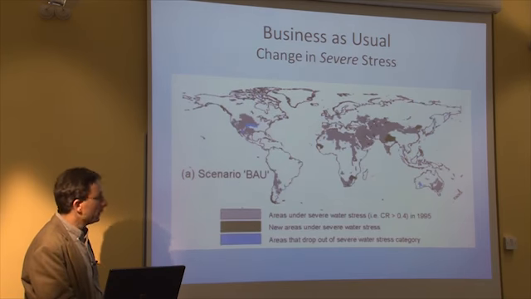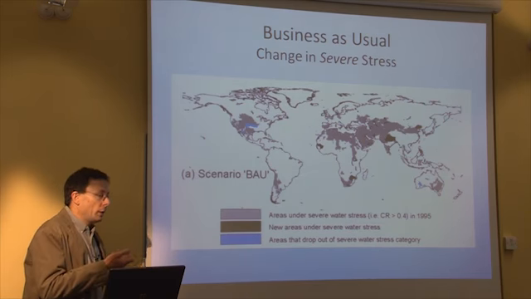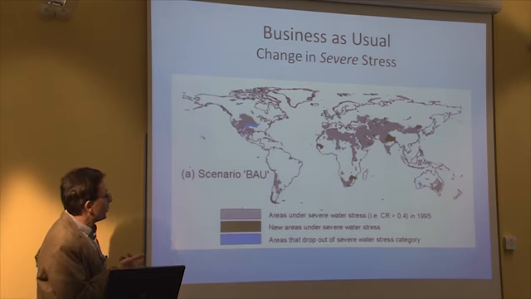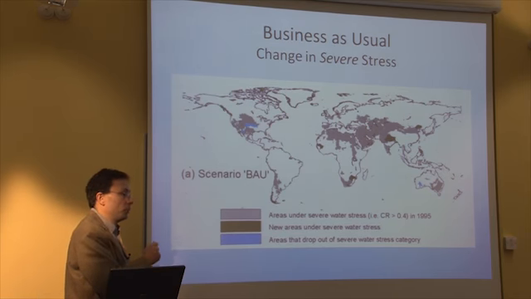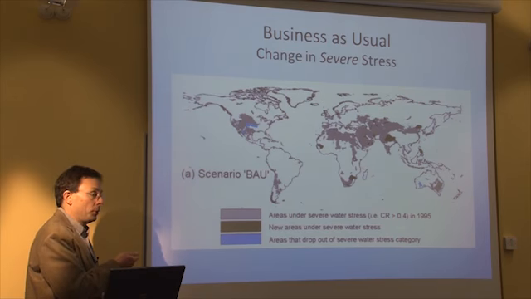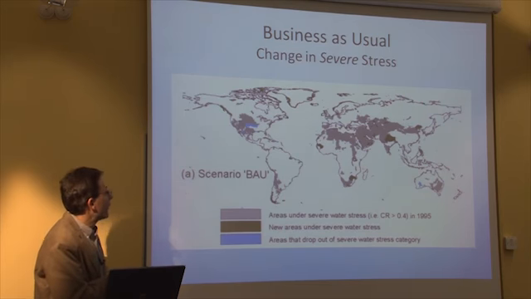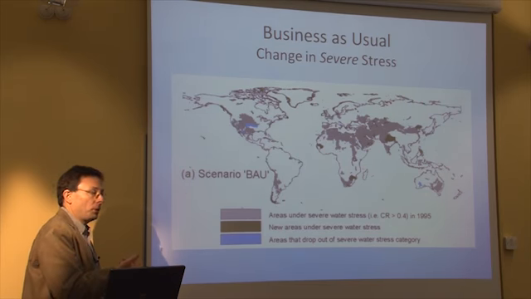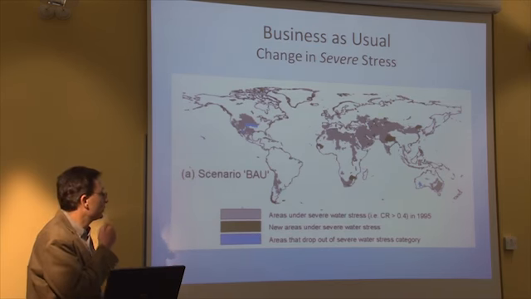And this is essentially the same data, but now showing where we get a change in the stress situation from moderate to severe stress. Everywhere that's grey are areas that were under severe stress today, and everywhere that's black are new river catchments that switch into the severe stress state in the future.